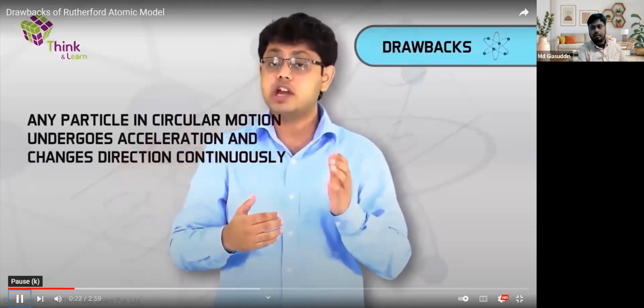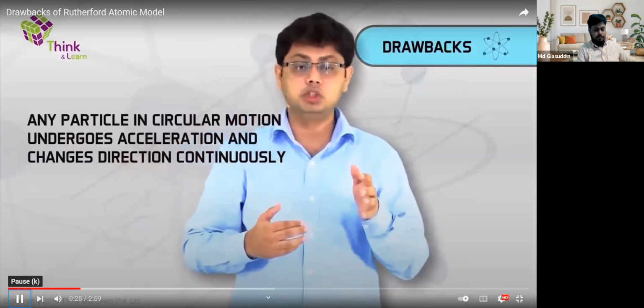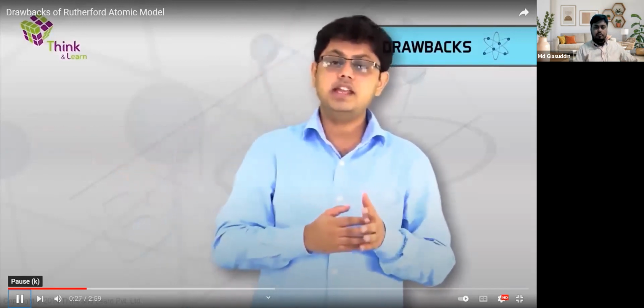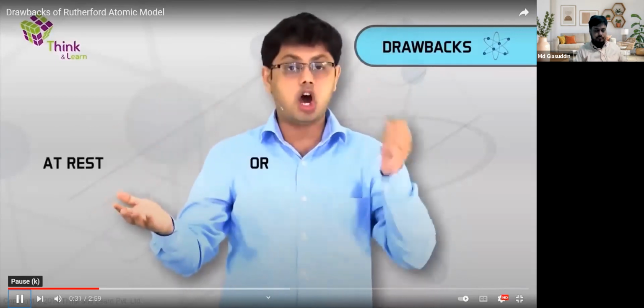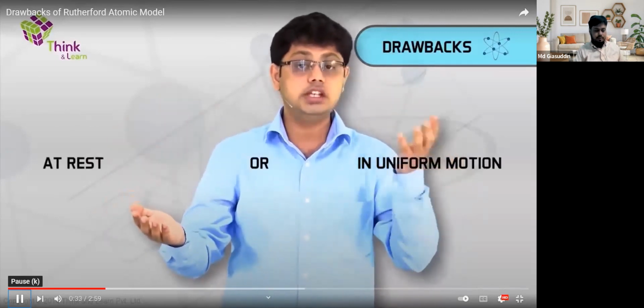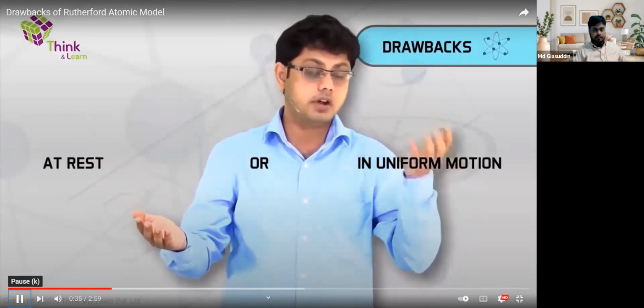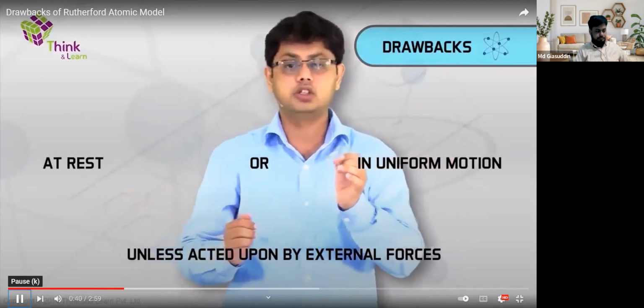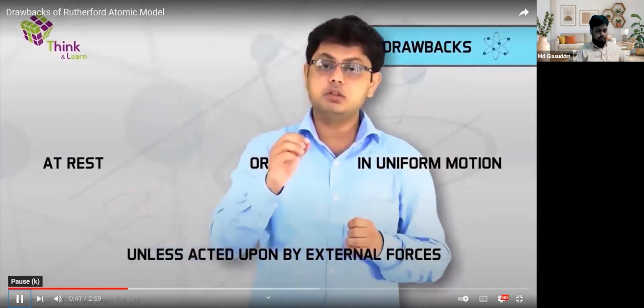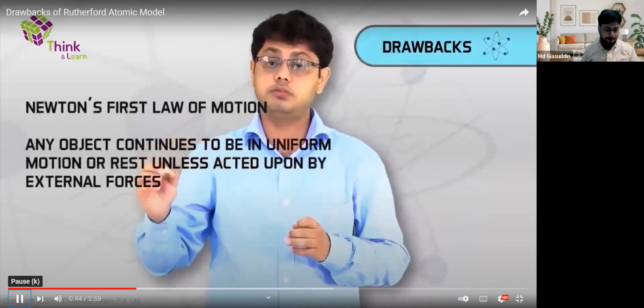It should change direction continuously, because if you get to the chapter on force and laws of motion, you will understand that any object on this planet can either be at rest forever or it can continue in a straight line path forever and ever until and unless it is acted upon by an external force. This law is known as Newton's first law of motion.